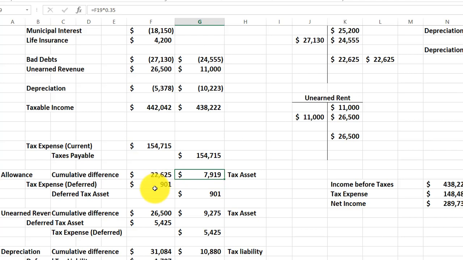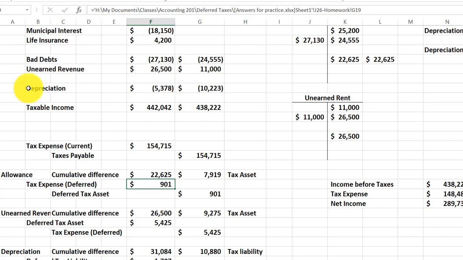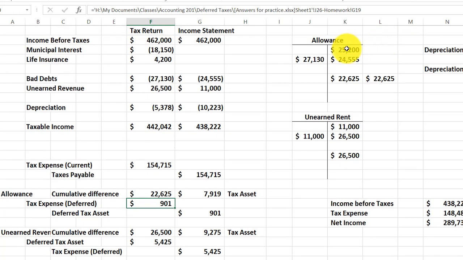We compare that to last year, which is on another sheet, and we get a difference of 901, and we're actually going to reduce our deferred tax asset because our allowance actually went down. If you look at our T account, allowance went from 25.2 to 22.625. So that means that the tax asset associated with that is also going to go down. And so we need to debit the expense and credit the asset.